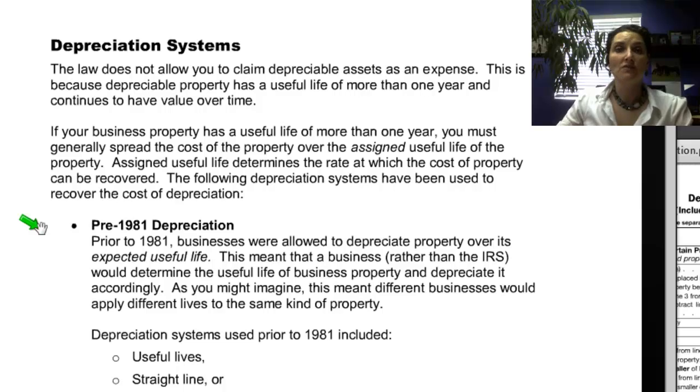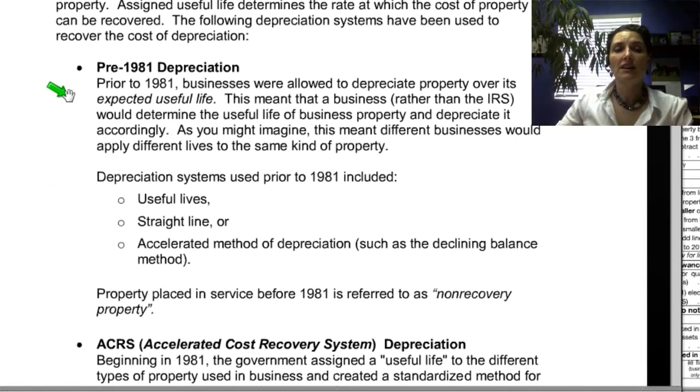Now, we're in the early days, or the olden days, of depreciation. We have something called pre-1981 depreciation. You could call that pre-Reagan depreciation. It's a long time ago. Prior to 1981, businesses were allowed to depreciate property over its expected useful life. This meant that a business, rather than the IRS, would determine the useful life of business property and depreciate it accordingly.